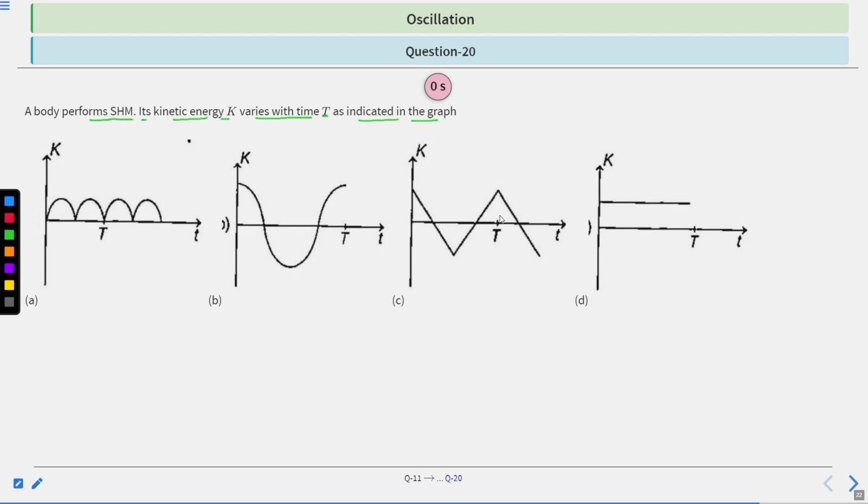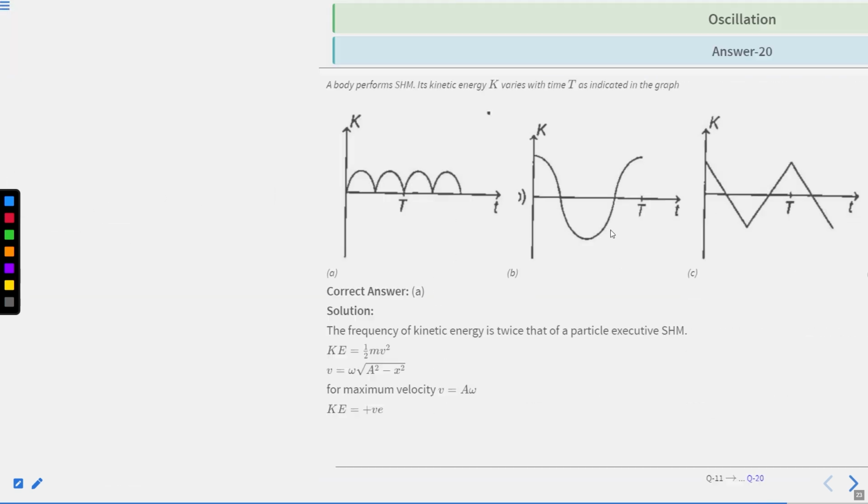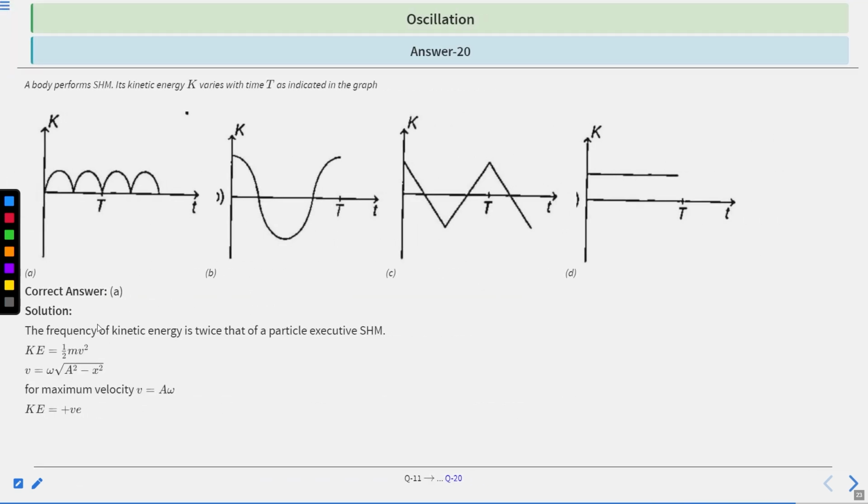Let's find a solution of this question. The frequency of kinetic energy is twice that of the particle executing SHM. We know the formula of kinetic energy, since the graph is between kinetic energy and time.